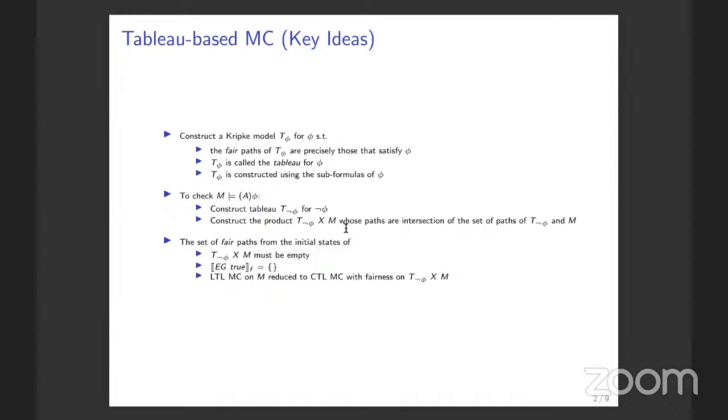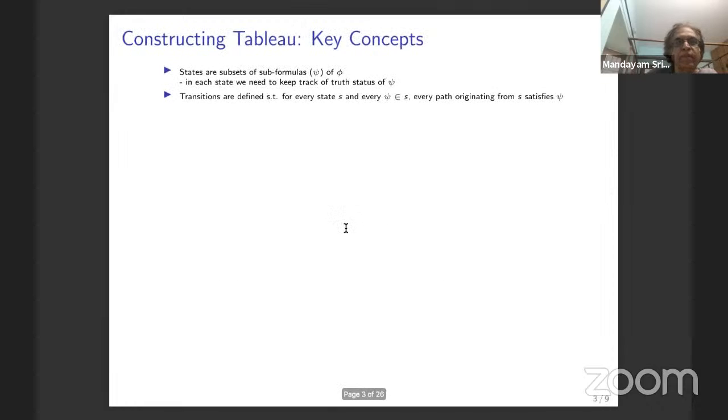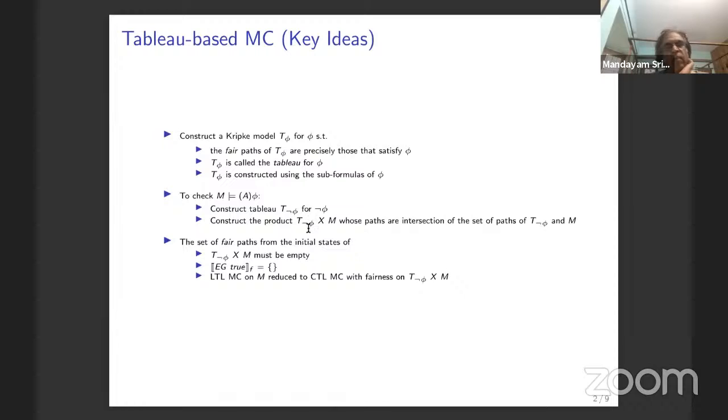So I don't want to get into all that. There'll be lots of formal definitions and examples that you will see. The biggest thing is that constructing the product is fairly simple.